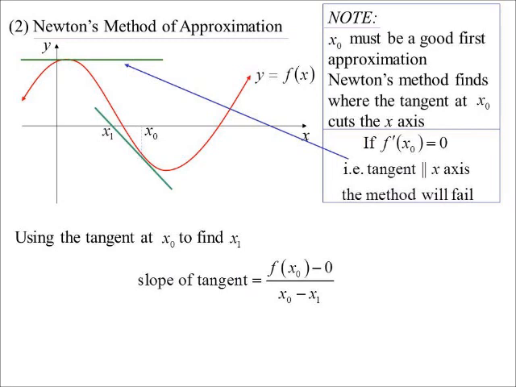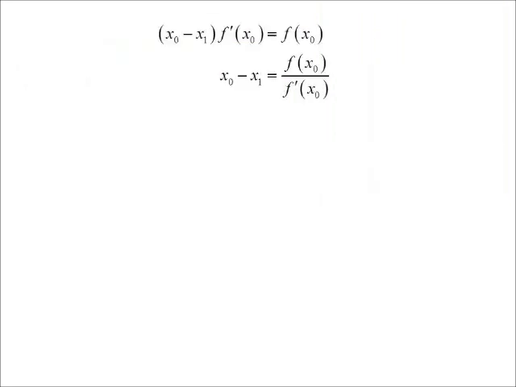So we know the slope of the tangent, and the derivative is equal to the slope. So rather than finding the equation of the tangent, I know the slope at x naught is f dash x naught, so it'll be equal to the slope of the tangent. And basically, we rearrange this formula to come up with Newton's method. So just playing around with it.